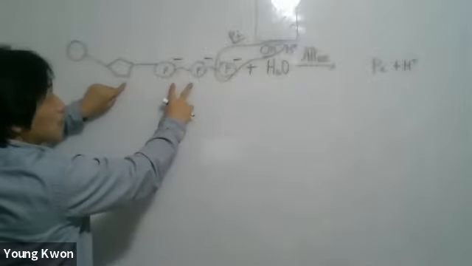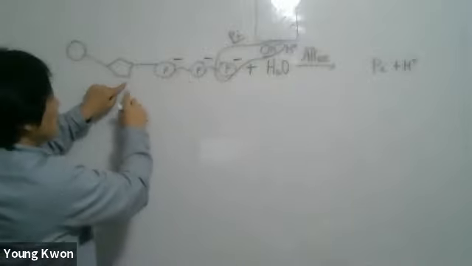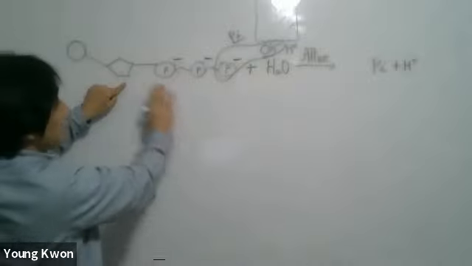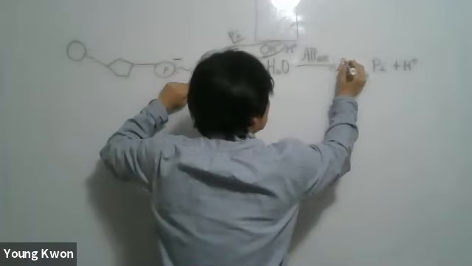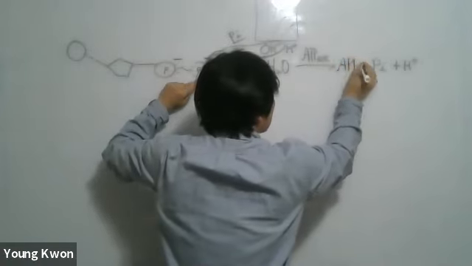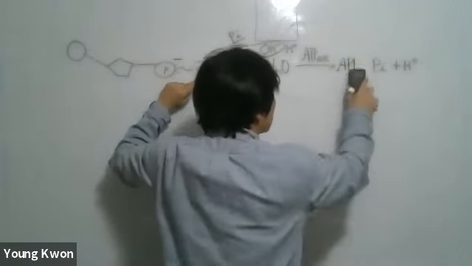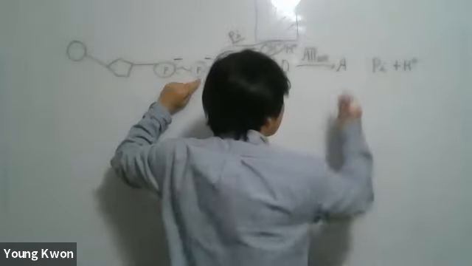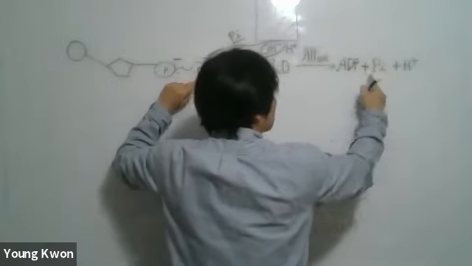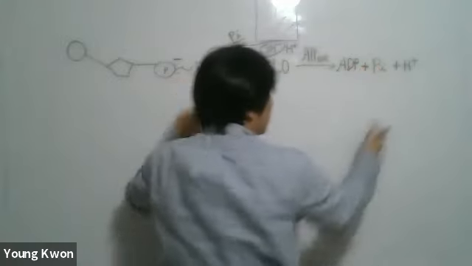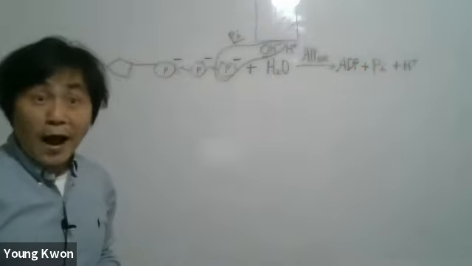How many phosphate groups? Two. So not ATP anymore, it is ADP. So I write ADP plus inorganic phosphate plus proton or hydrogen ion.